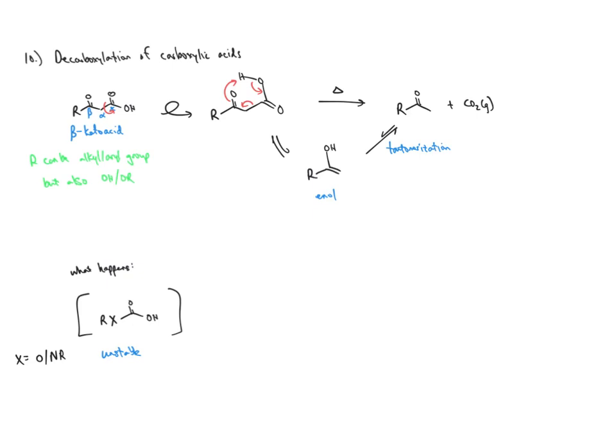As we said before with the Curtius rearrangement and the Hofmann rearrangement, these things will decarboxylate. Okay, and so we get CO2 to form. Right, again, where X is equal to oxygen or NR.